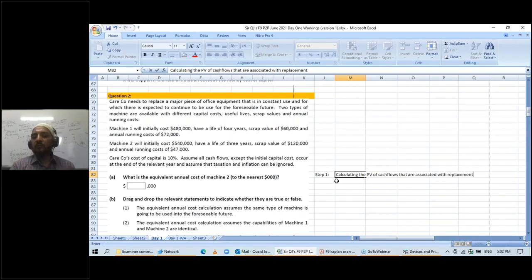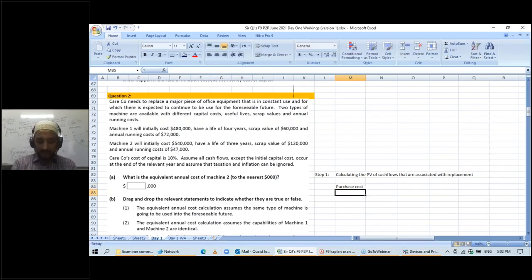Now, the cash flows that are usually associated with replacement are, first, the purchase cost of the asset. Second, the maintenance cost or the annual running cost.